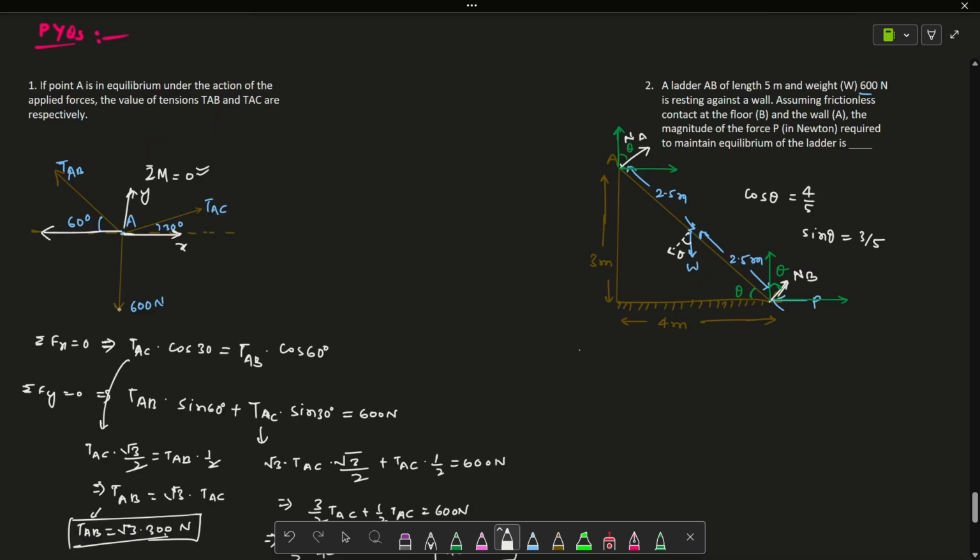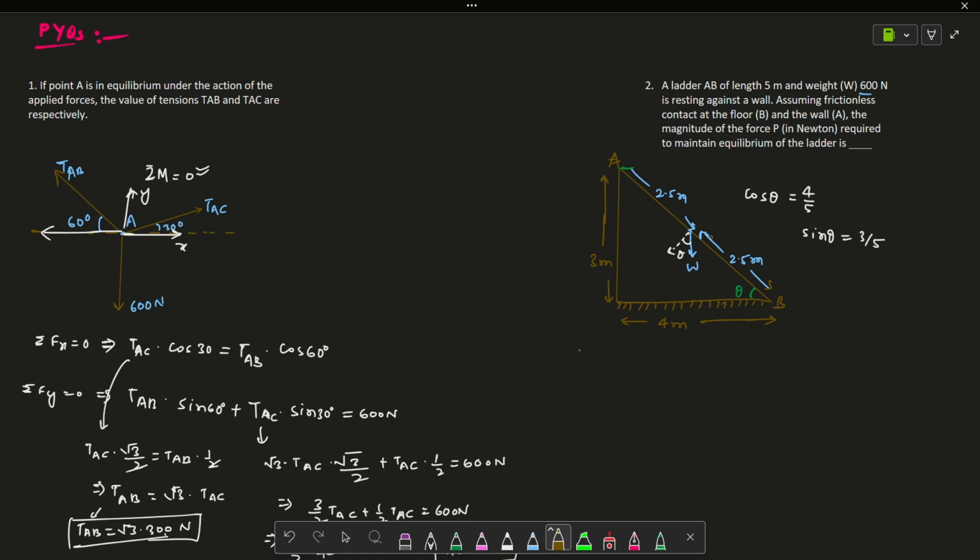In question number 2, once again I will explain, since in the question these things are not given. In the question, a ladder AB, this is AB, and AB is your ladder, and weight 600 Newton is resting at a wall.